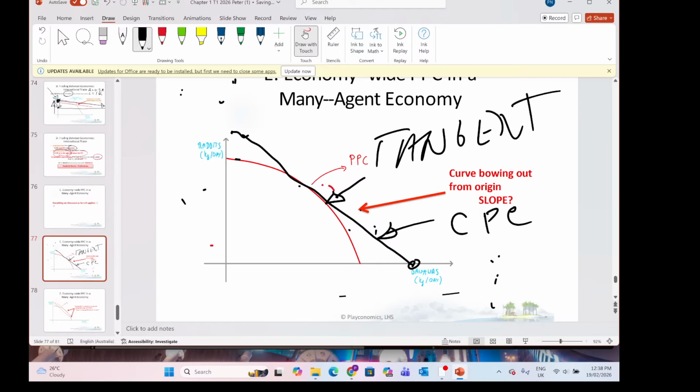I'm marking on the horizontal axis, we could have up to that amount of bananas if we wanted to, which is greater than the amount of bananas we could make ourselves. So we can consume more than we can produce. How many of those would we make ourselves? We'd make out to point Z ourselves.